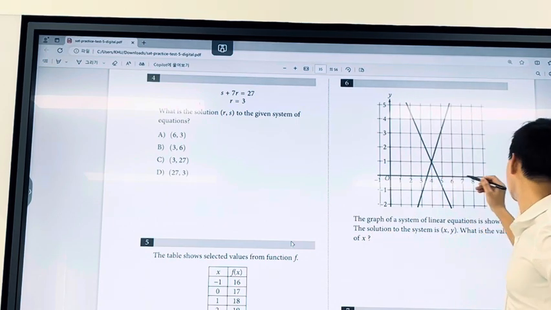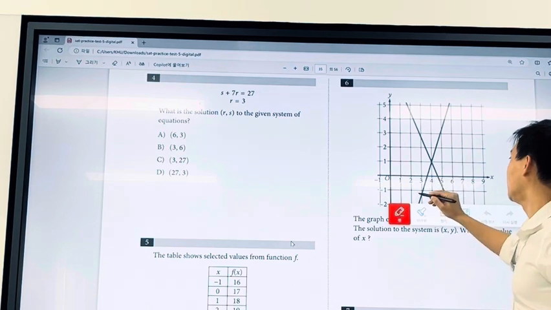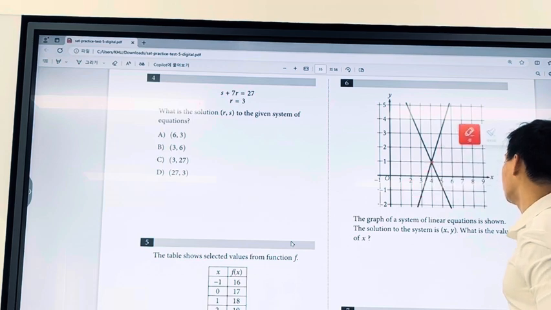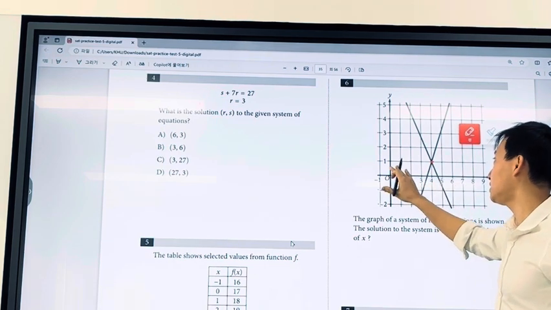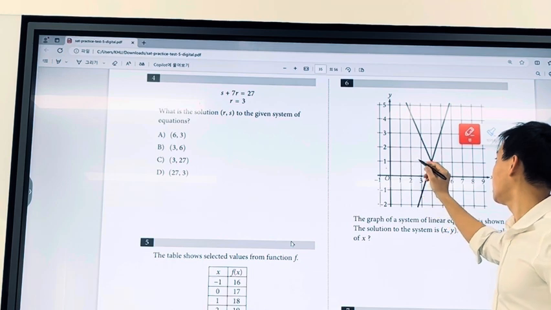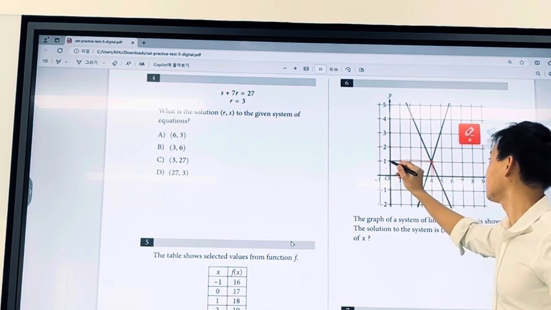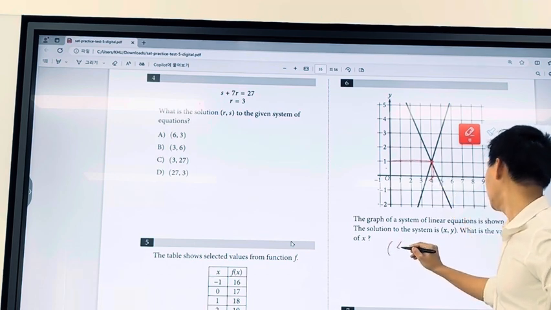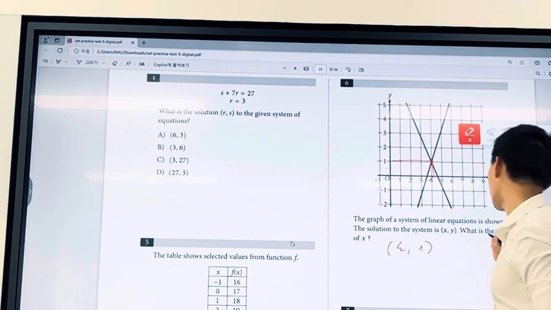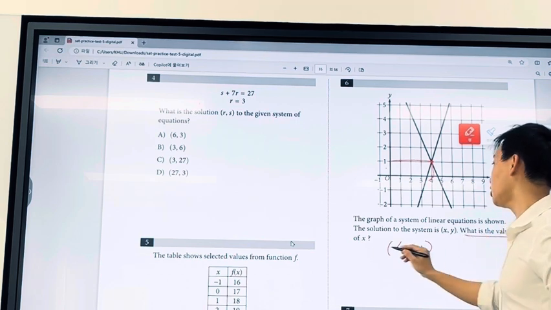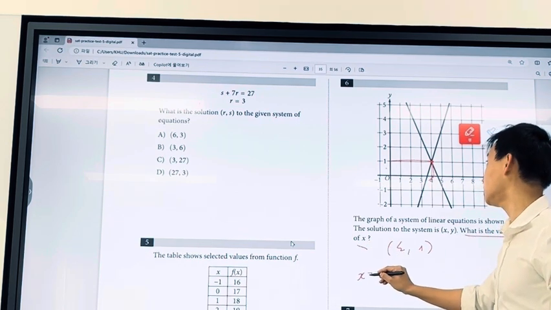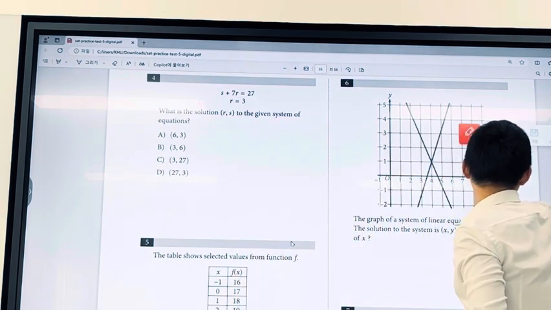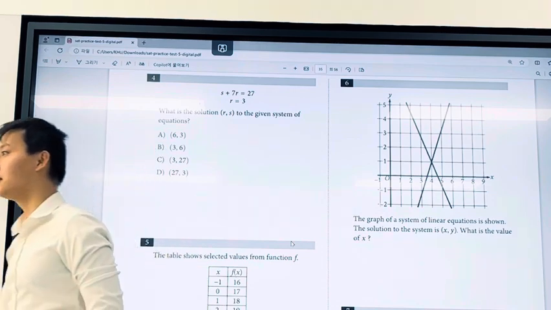To find the answer, you just find the point of intersection between the two linear functions, and from there, based on the coordinates on the x-axis and y-axis, you can say that the coordinates of this point are 4 and 1. The question asks for the value of x, so you just write x equals 4. So far so good.